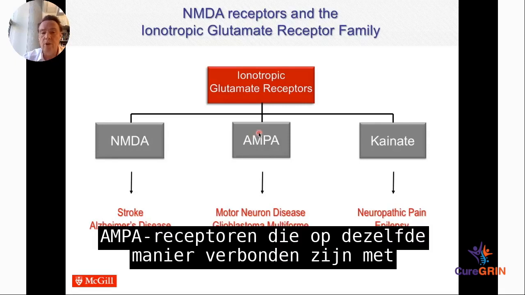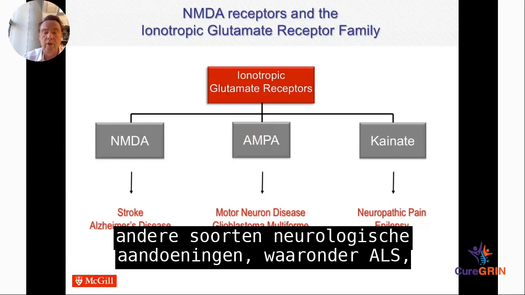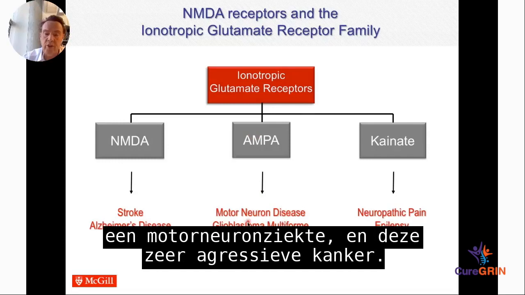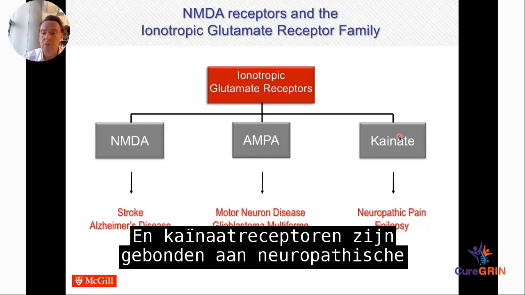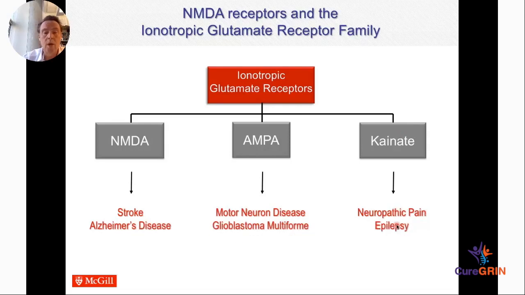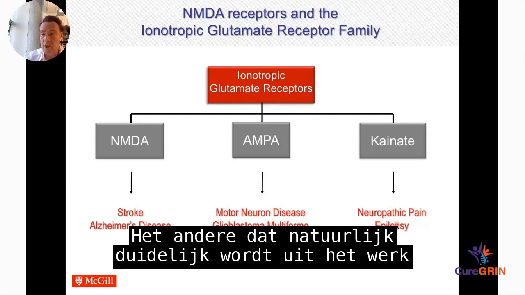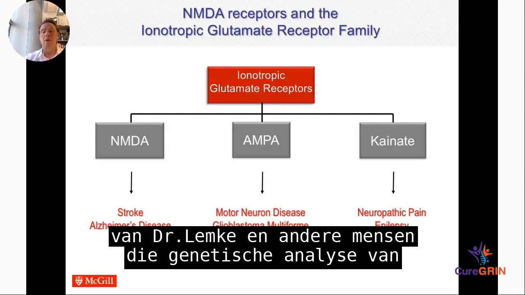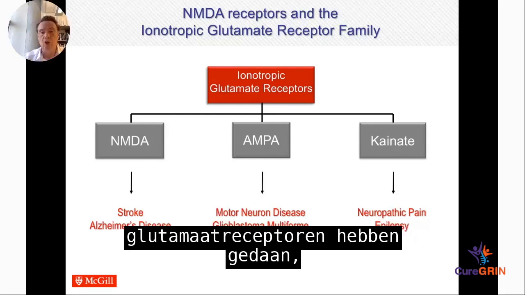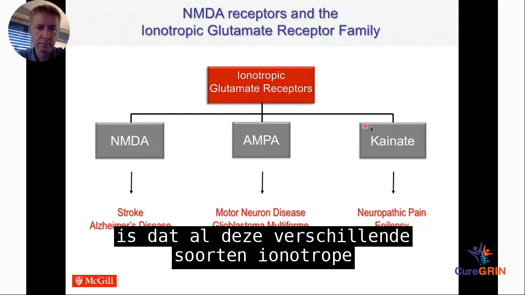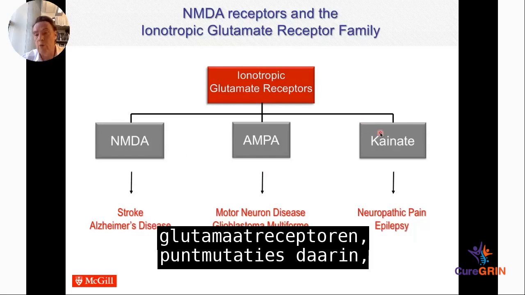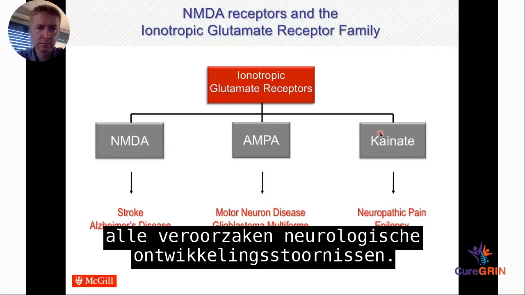AMPA receptors have similarly been tied into other kinds of neurological disease, including ALS or motor neuron disease and a very aggressive cancer. Kainate receptors have been tied into neuropathic pain mechanisms and epilepsy. The other thing, of course, that's become evident from the work from Dr. Lemke and other people who have been doing genetic analysis of glutamate receptors is that all of these different types of ion-channel glutamate receptors, point mutations in them, all give rise to neurodevelopmental disorders.